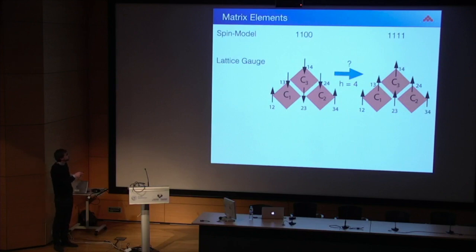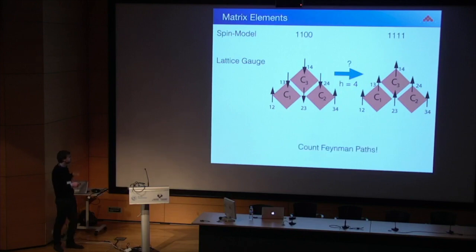Now, if you have 1, 1, 0, 0, it means, for example, that the connection 1, 2 would be spin up, and 1, 3 would be spin down because the first one and the third one are different. And if we translate this, we get a Hamming distance of 4, which means if we want to go from this configuration to this configuration, we have to flip 4 spins.